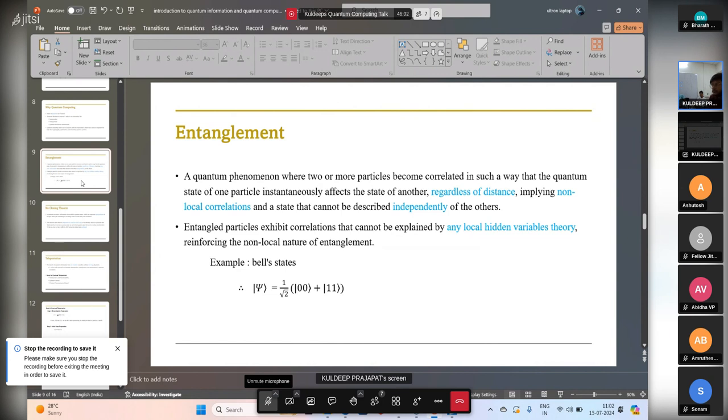These are the simplest basis. Of course, when you have 2 qubits, these are the only 4 completely entangled states which are possible. Okay, sir.